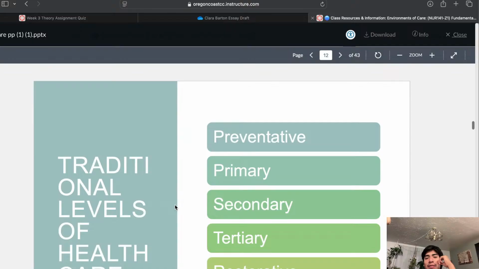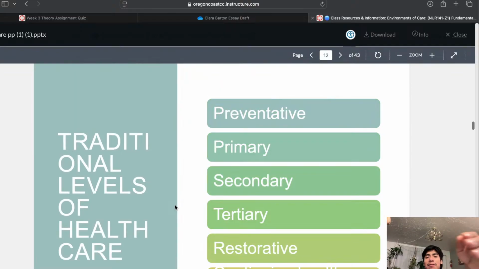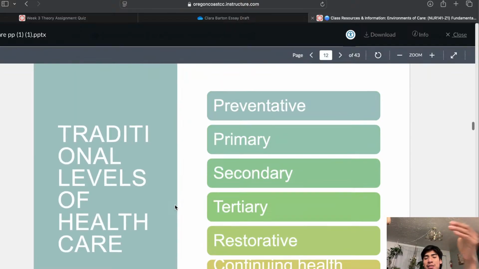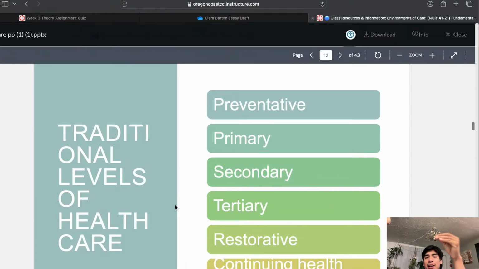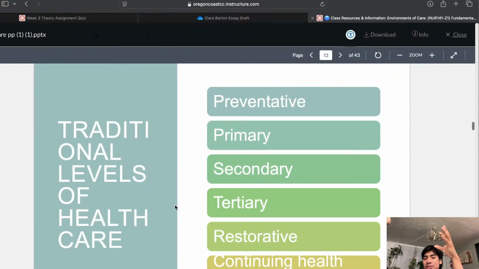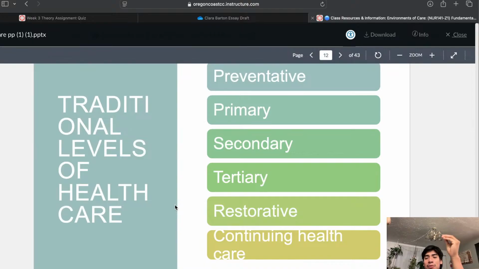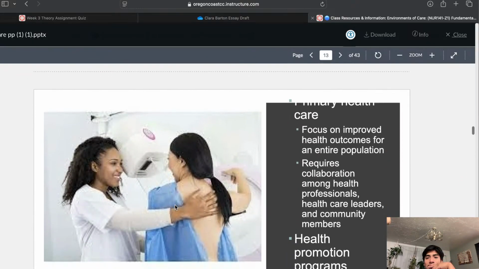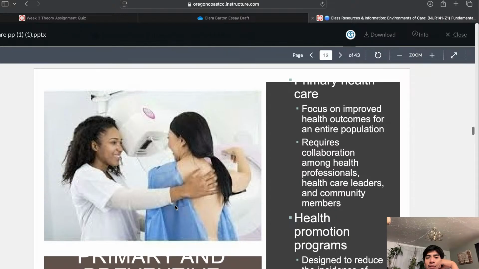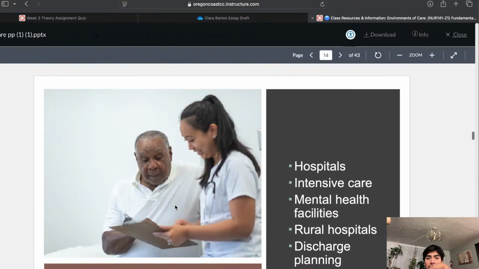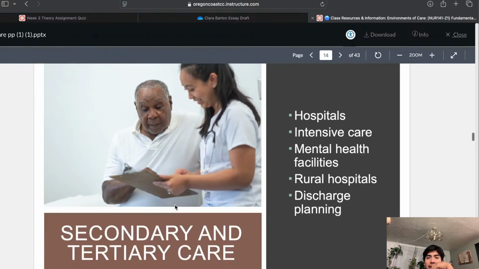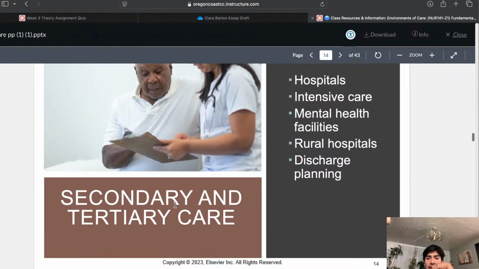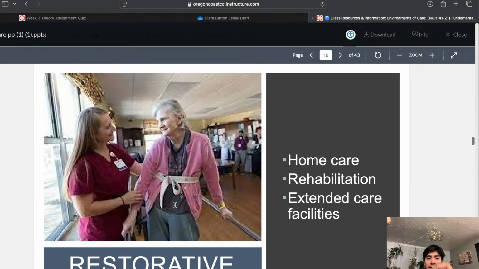Traditional levels, the 6 levels we already went over: preventative, screenings, primary health promotion, secondary, acute care at a hospital, tertiary, specialized, restorative, restoring someone's physical capabilities, continuing care, assisted living. All right, cool. Primary care, improved health outcomes. Secondary care, hospitals, mental health facilities, rural hospitals.